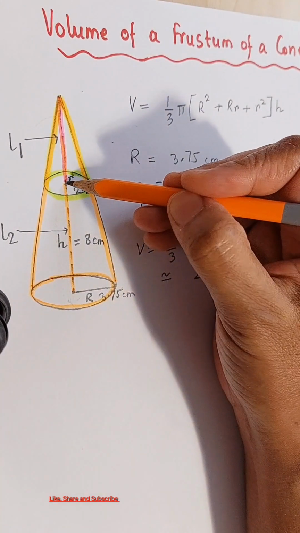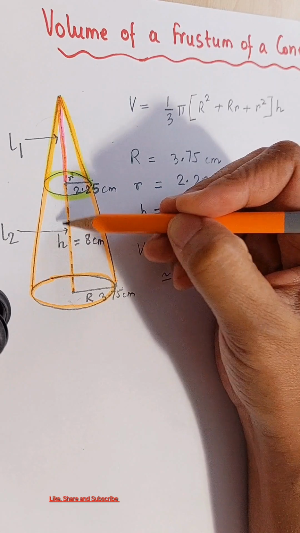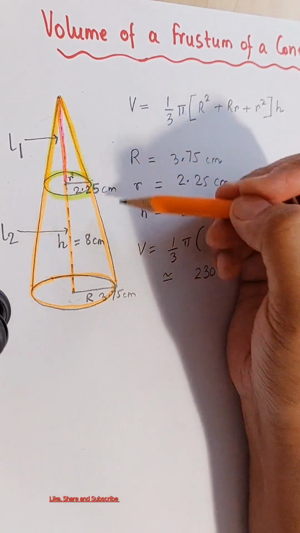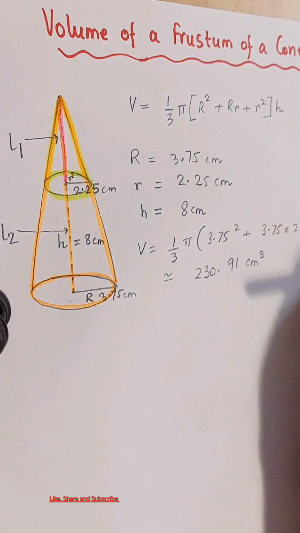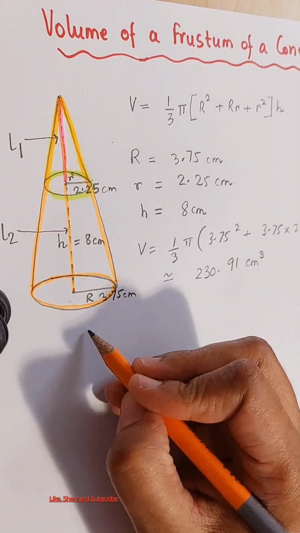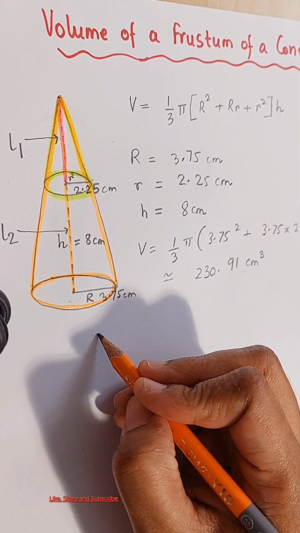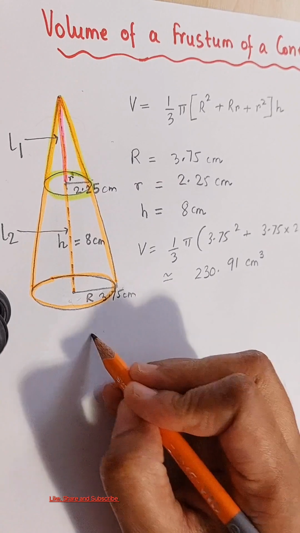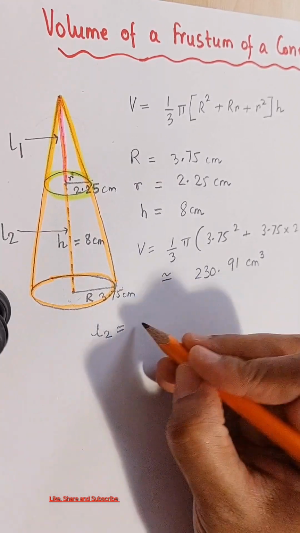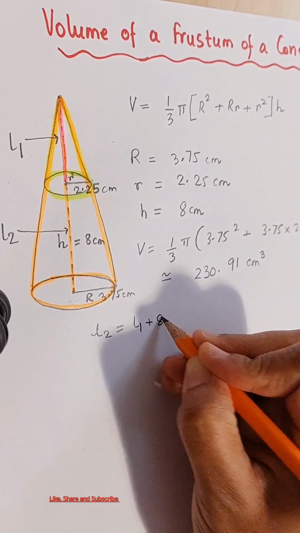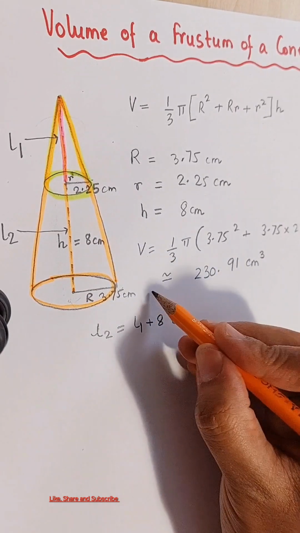So here the difference between L2 and L1 is 8. So what we can write is L2 equals L1 plus 8 centimeters.